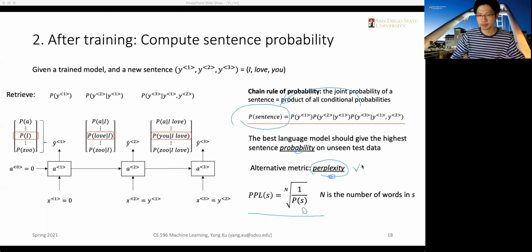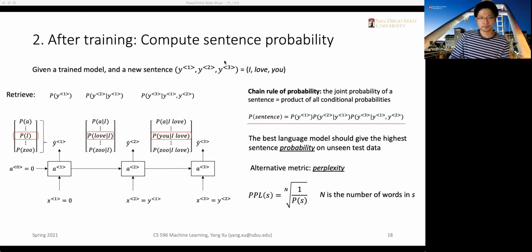And this perplexity term is more often used in academia to measure the performance of models, because this number is basically within a more readable range. It's not like the probability, which can be very small, really small, really hard to compare with.